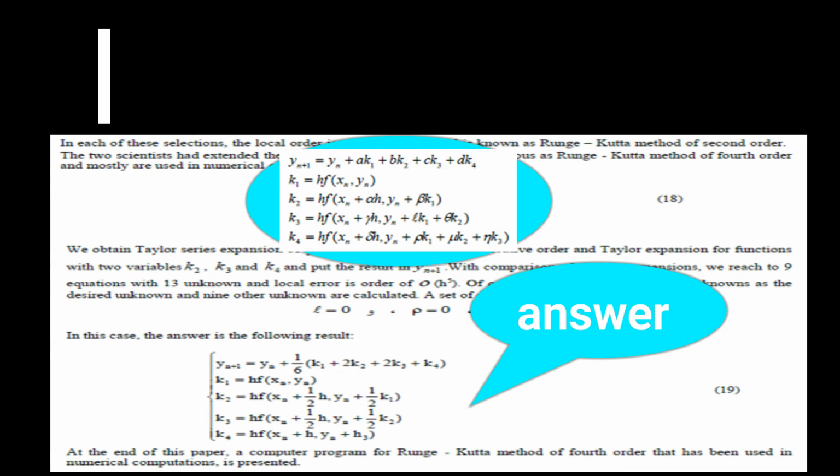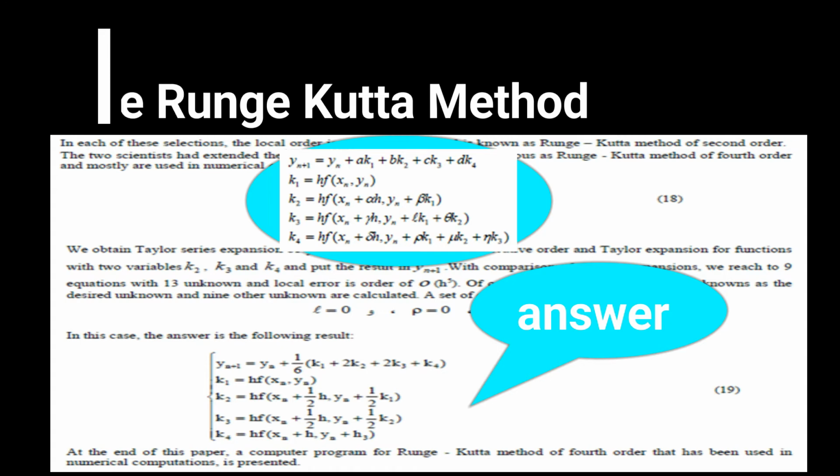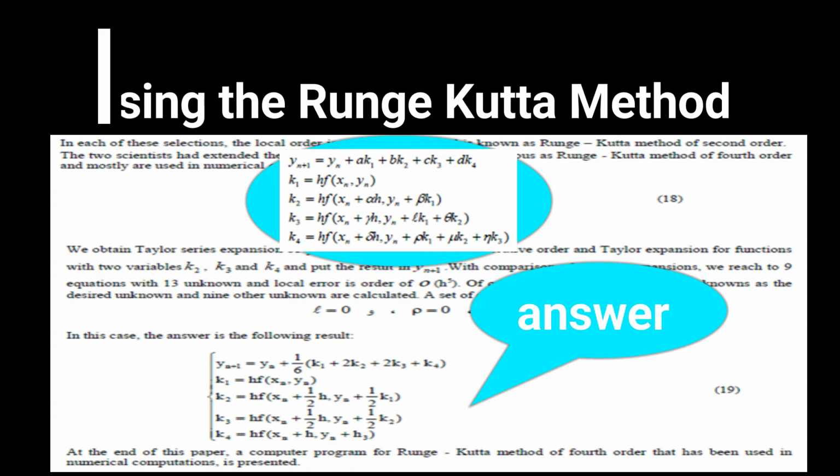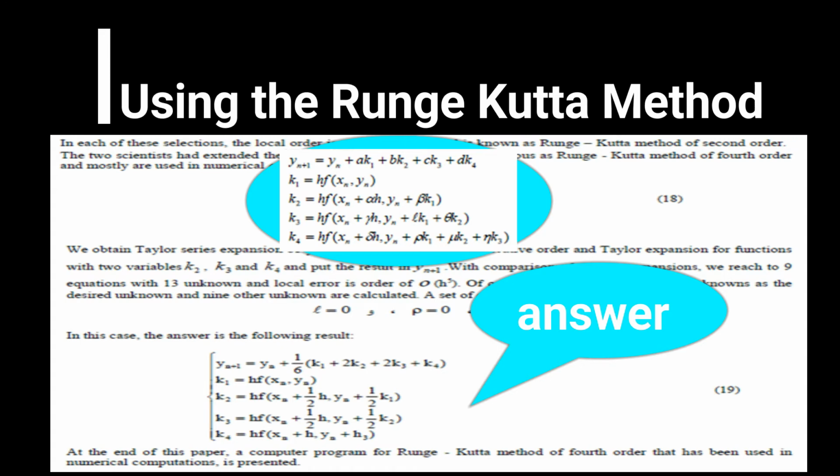So we use the Runge-Kutta method. This is the equation for the Runge-Kutta method. We obtain the Taylor series expansion of y(x_n plus h) up to the fourth derivative order, and the Taylor expansion for a function with two variables, for k2, k3, and k4.